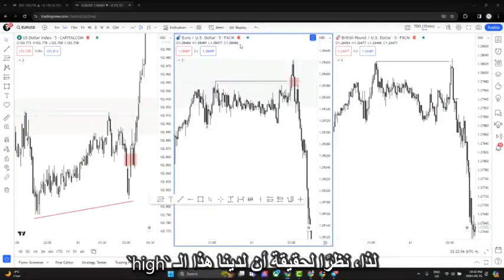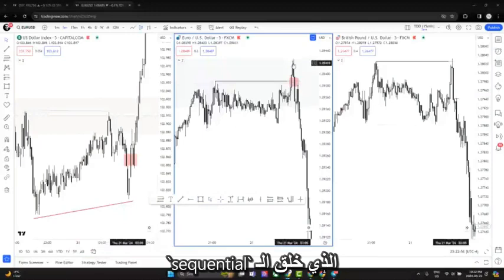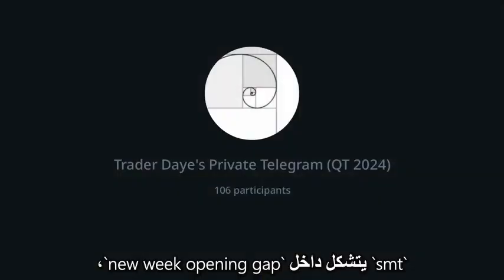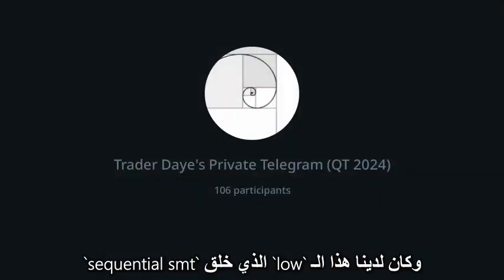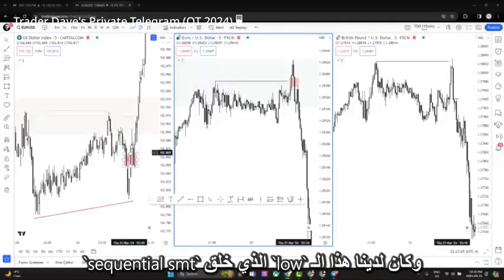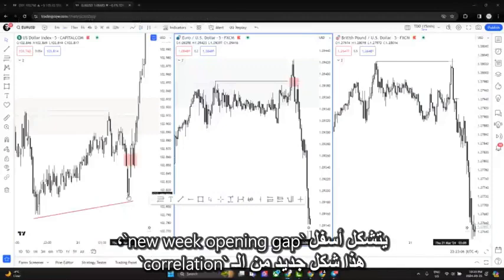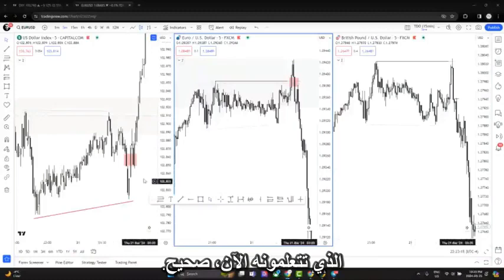So, due to the fact that we have this high, which created the sequential SMT, being formed within a new week opening gap, and we have this low, which created a sequential SMT, forming below a new week opening gap, this is a new form of correlation that you are actually learning right now.